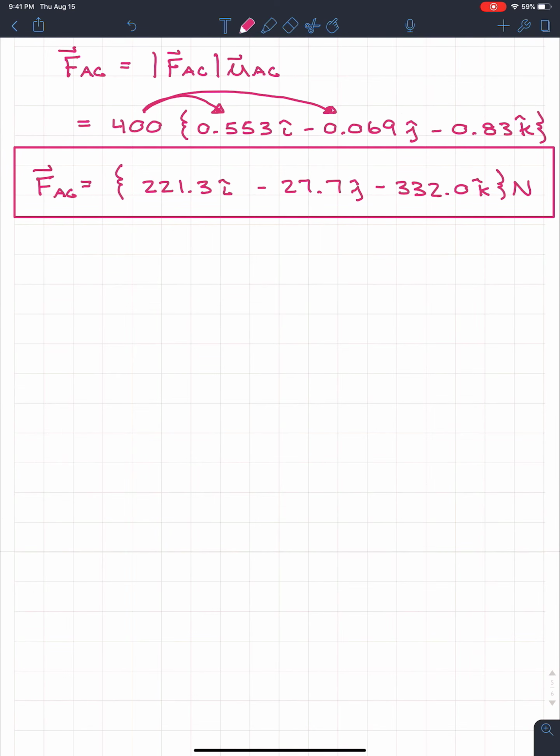But before we do that, we have to find that resultant force. So remember that the resultant force F is going to be FAC plus FAB, or FAB first, it doesn't matter which one.